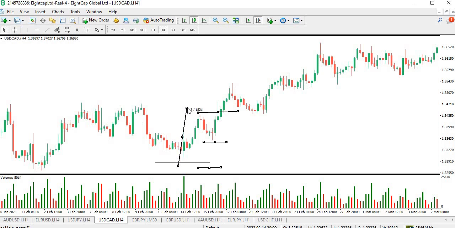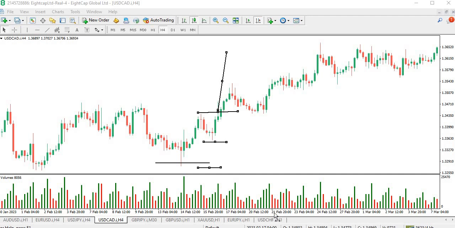This pattern formed in almost 180 pips, and the profit target would have been easily achieved if we had taken this entry. We can say it was easily a 1:2 trade, and by 1:2 I mean 1:2 risk to reward. So this was the second example.